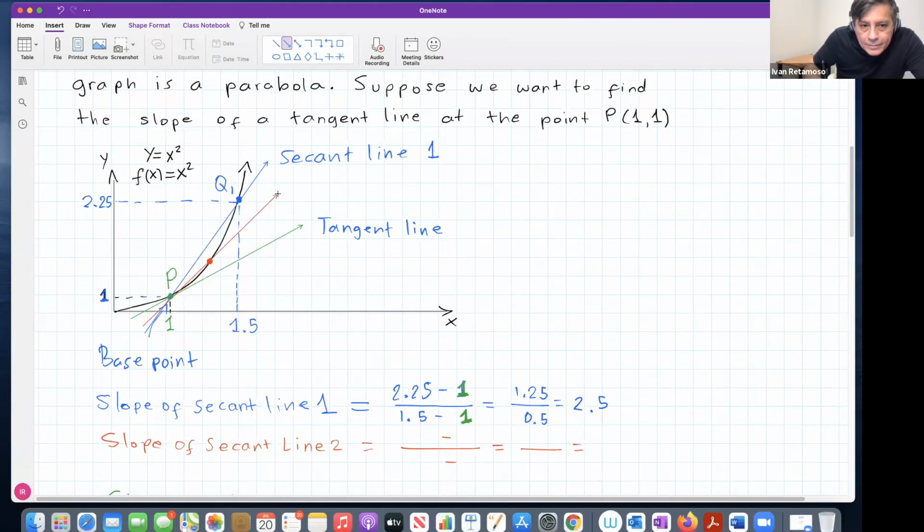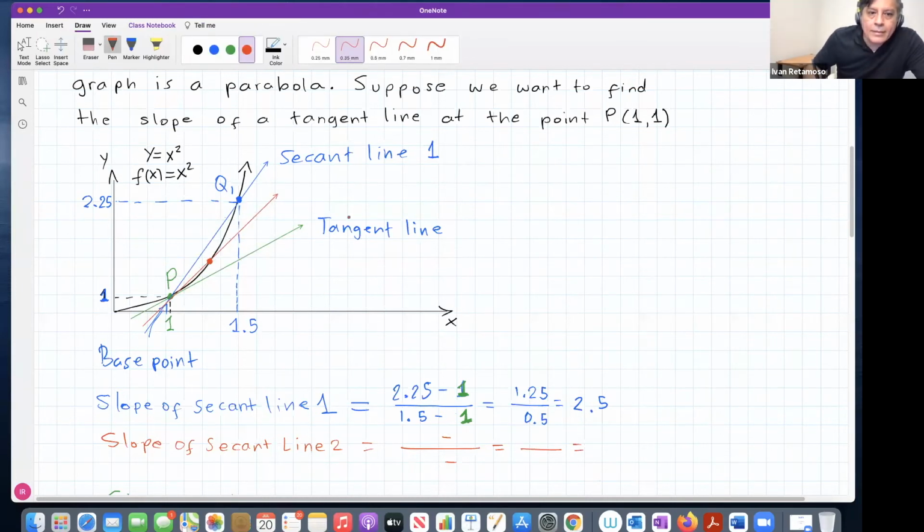Let's call it secant line 2. And let's call this point Q2, the second point.